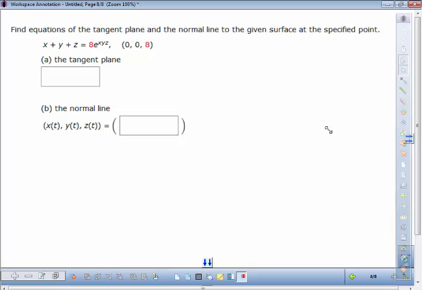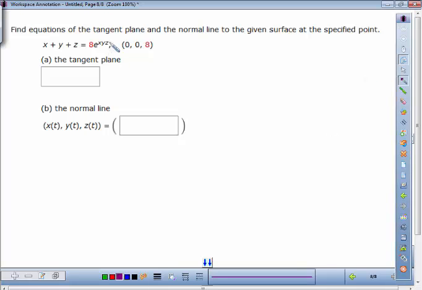So this is your surface. To make it look like the kind of surface that we are dealing with, we want to make sure that we're identifying a function f and also making sure that f is equal to a constant. So to make this equal to a constant, I might bring everything over to one side. I don't know if it matters which one goes where.